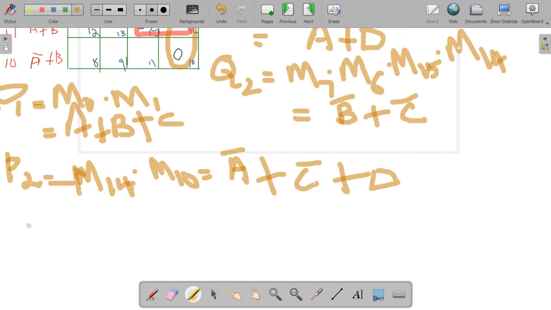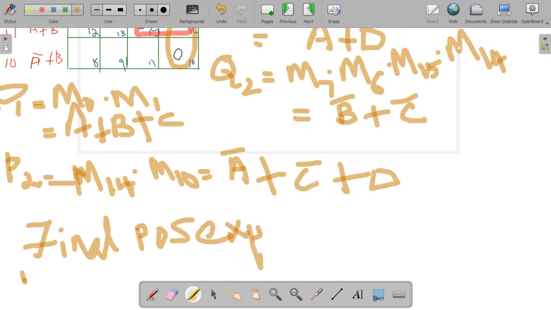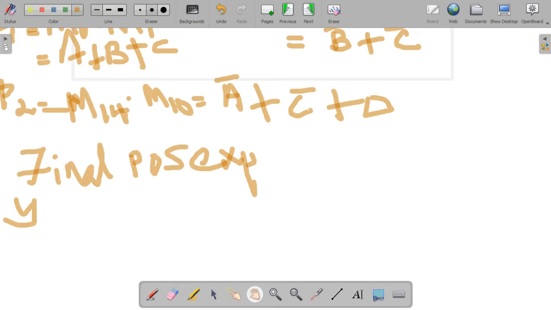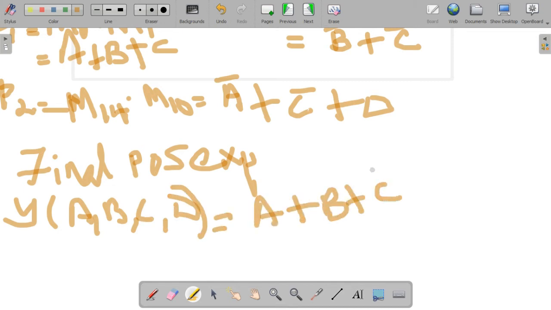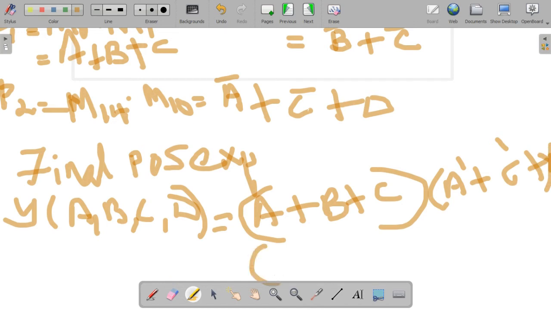So what is the final expression? Final expression we have to write. So therefore the final reduced POS expression you can write, by this way you can write, okay, Y of A, B, C, D equal to, what is the expression, A plus B plus C, first pair, into A dash plus C dash plus D, into, quad means, what are the values of the quad we got, A plus D dash, then into last one B dash plus C dash.